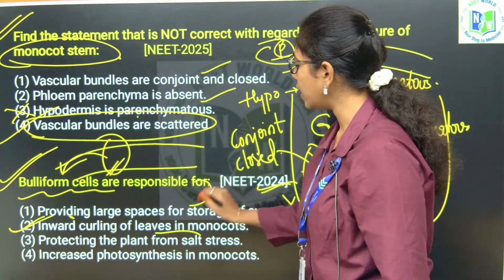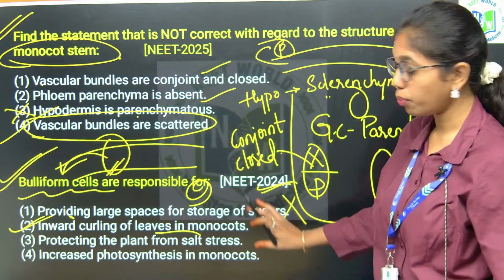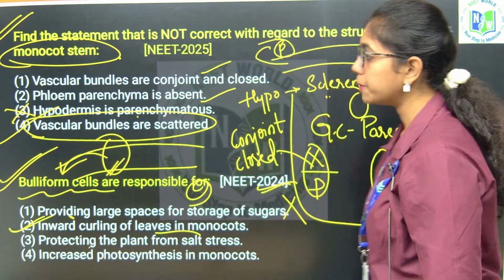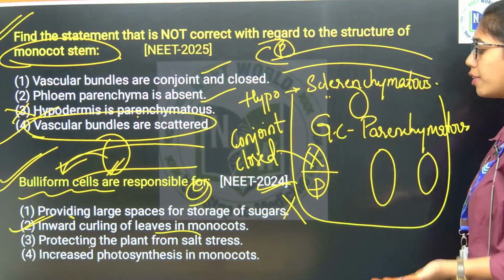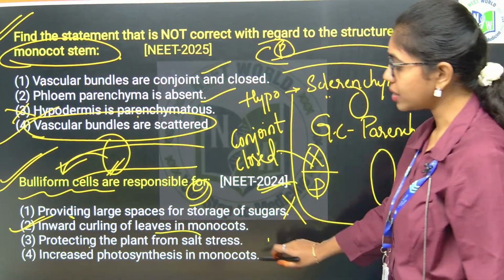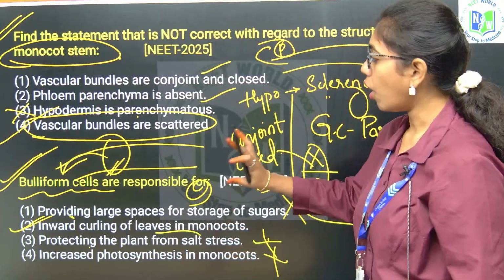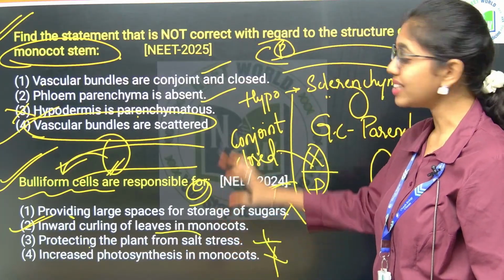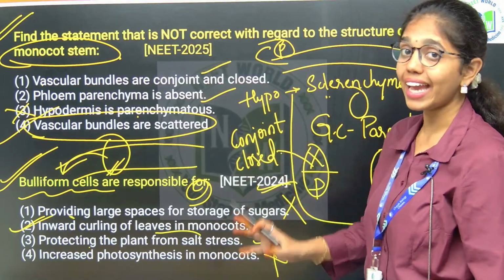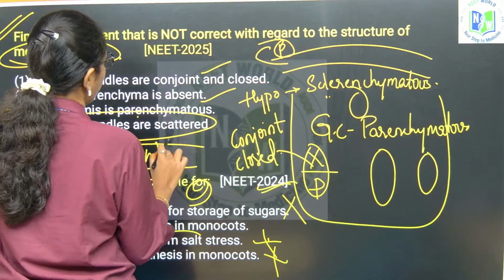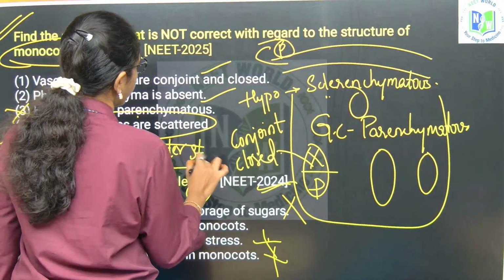And the third option: protecting the plant from salt stress and increased photosynthesis in monocots. There is no role of the bulliform cells in salt stress. Bulliform cells only aid the leaf in water stress.